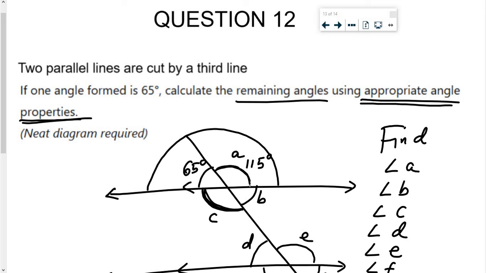If this angle is 115, also this angle will be 115 because vertically opposite angles are equal. So this is angle A, this is angle C. So angle A and angle C are equal. Why? Vertically opposite angles are equal.